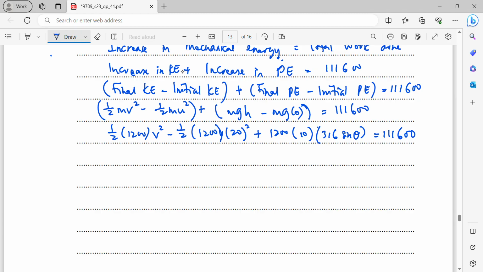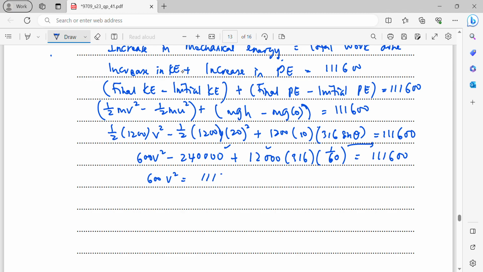So here, when you simplify, you get 600 v squared, then minus 240,000, then plus 12,000 times 316, then sine theta is 1 over 60, equals 111,600. So now we need to get the v. Alright, so I will get 600 v squared. Just move these two terms to the right side.